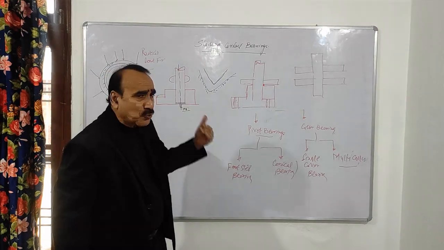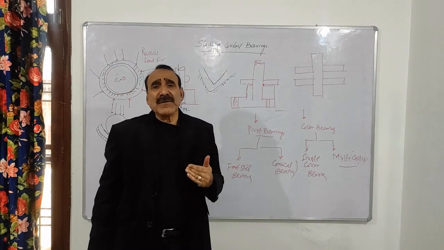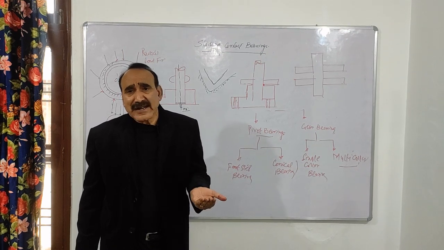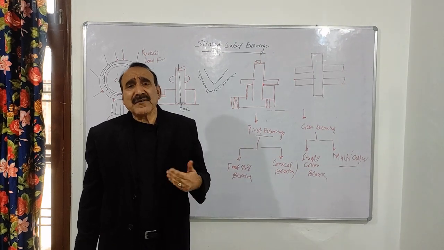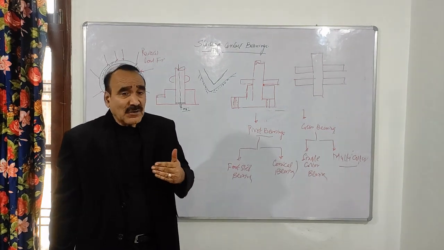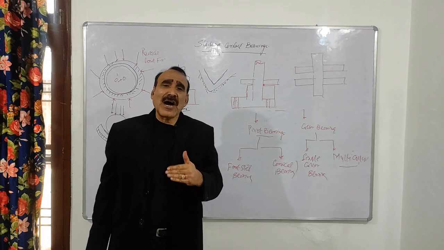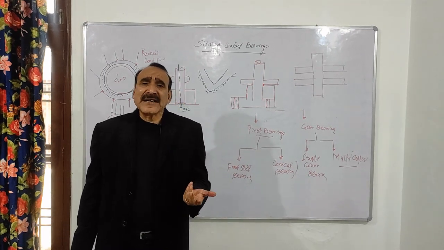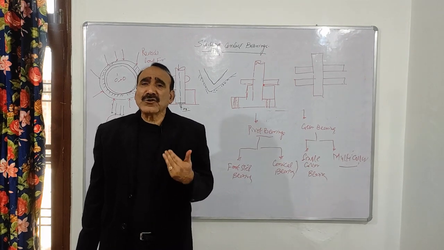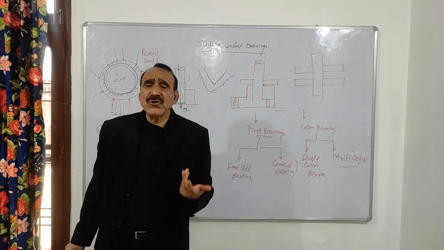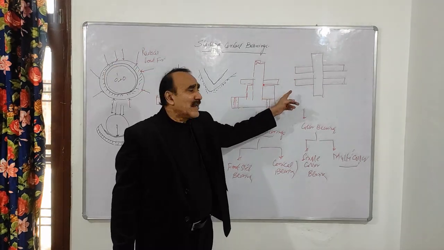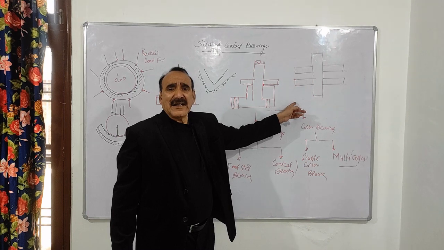But when we are using two or three collars, we are adding to the contact area between the wearing surface and the collar, which goes on increasing. So in this case the area of contact will increase, and when the area of contact increases, your friction will be more. In the multi-collar case, your area of contact is more.